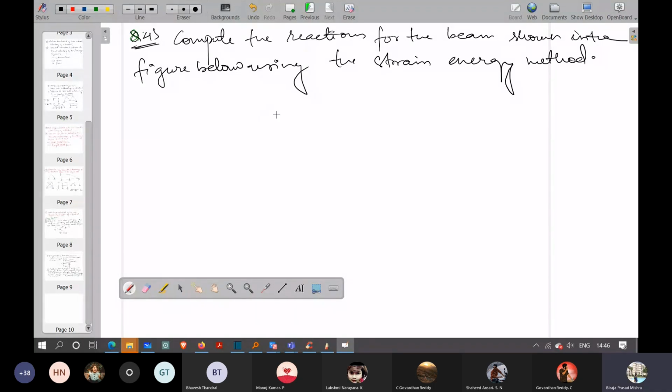Okay, so this is the problem. This is 20 tons. This end is fixed.